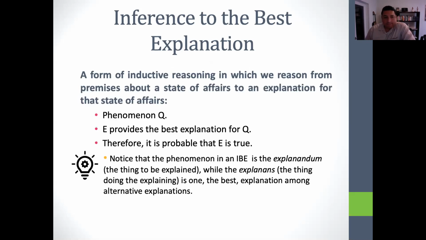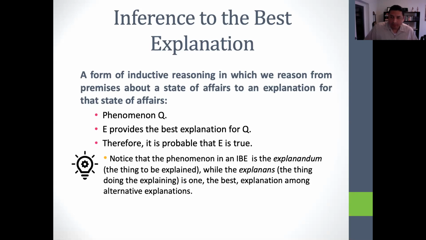So this is what the form of one of these inferences to the best explanation looks like. In these three bullets here, you have the argument. The first premise is phenomenon Q, and the second premise asserts that some explanation E provides the best explanation for Q. Therefore, it is probable that E is true.